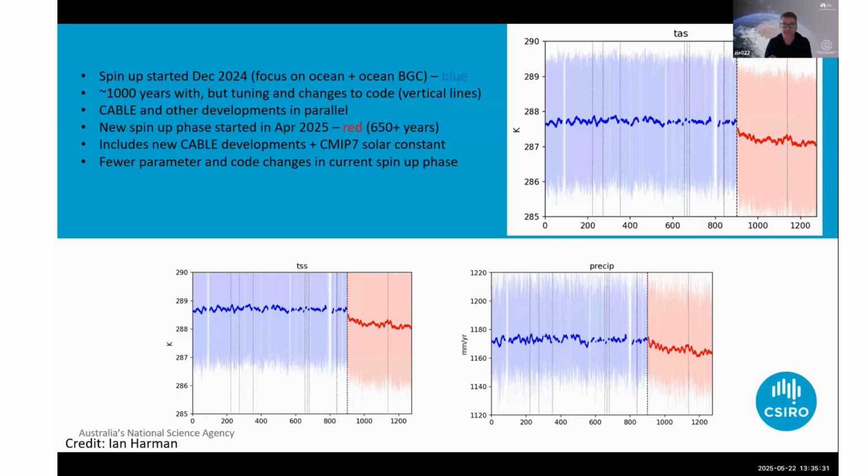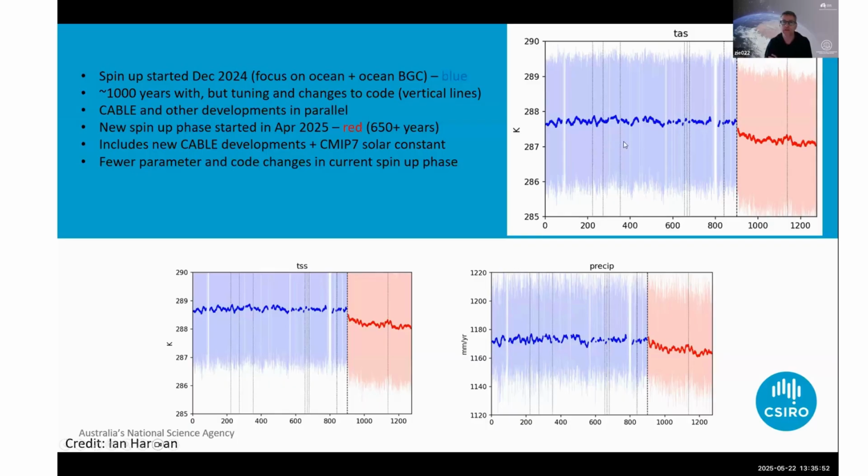version, Wombat Lite. And this spin-up period is marked here in the blue line on the plots that you can see. On the right, just the surface air temperature. And we ran that for about 1,000 years. And you can see there are lots of vertical lines as well in this plot.